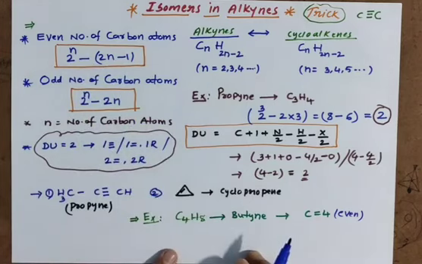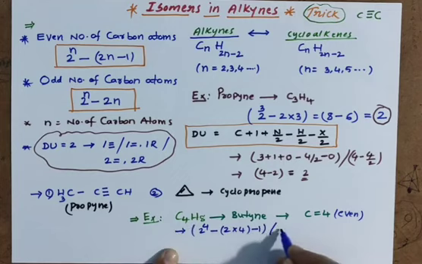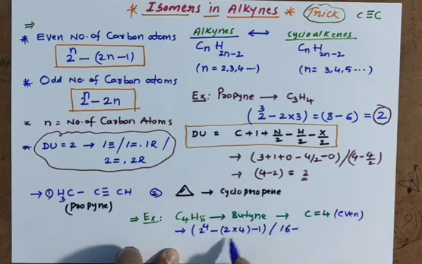Let me substitute here. How much you are getting? 2 power 4 minus 2 into 4 minus 1. That implies 2 power 4 nothing but 16 minus 8 minus 1.